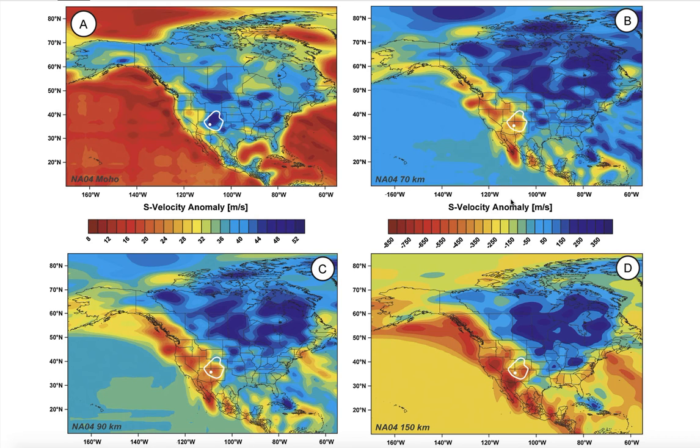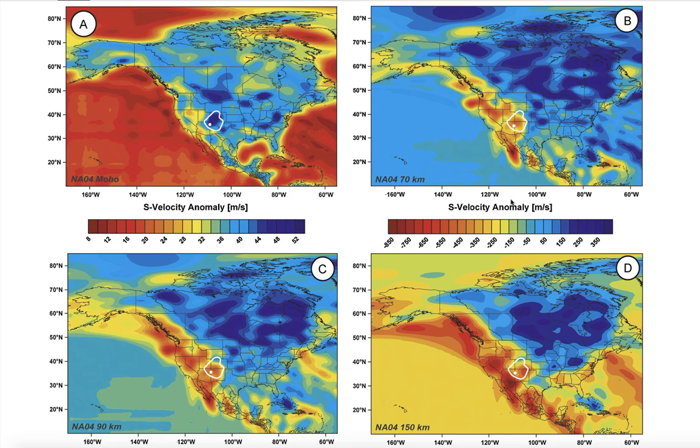So, what does anomaly mean? We have the theoretical values for a lherzolite, and these values we have also calculated in the calculations which I showed you before. Here I have analyzed the S-wave velocity anomalies.